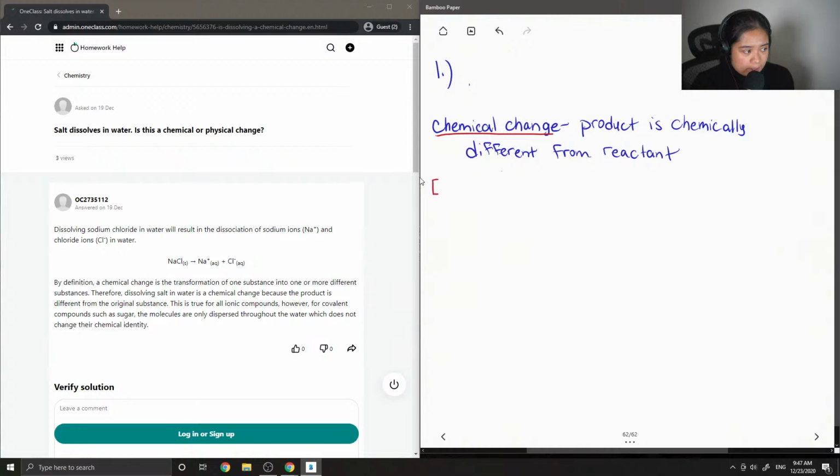So in the case of sodium chloride, which is salt, we start off with NaCl solid, and then when it is dissolved in water, the salt separates into its ions. So it doesn't retain its solid structure. When it separates into its ions, it becomes Na+ and Cl-.